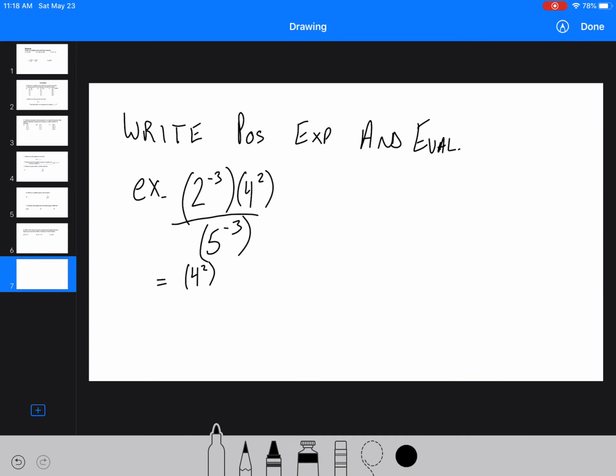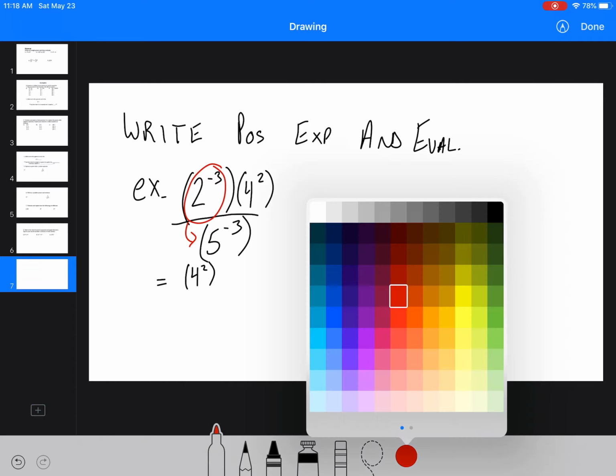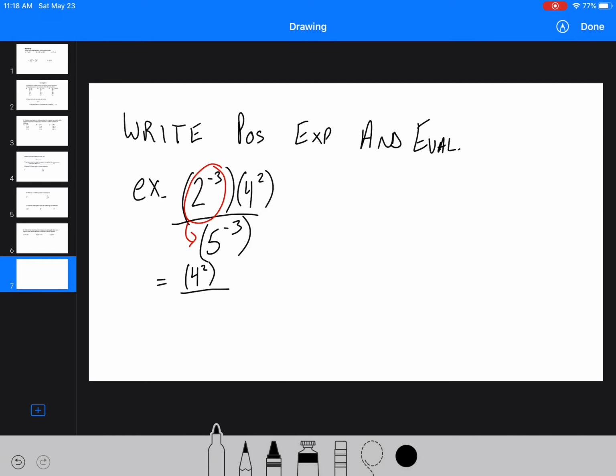This 2 needs to go to the bottom. So we've got 2 to the 3. The 5 needs to go up to the top. It's 5 to the 3.